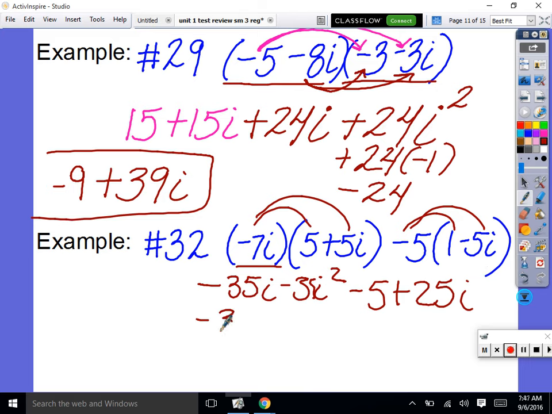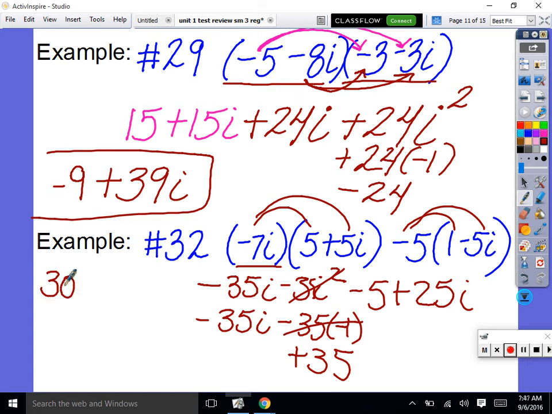So really we have negative 35i, and we have minus 35 times negative 1, which won't that be positive 35? So real parts with real parts, imaginary with imaginary. So we've rewritten that. So 35 minus 5 is 30, correct? And then we have negative 35i plus 25i, which is negative 10i. That's a plus bi form. Does everybody get it? Because if you don't, please say and then I can explain. Yes. Okay.